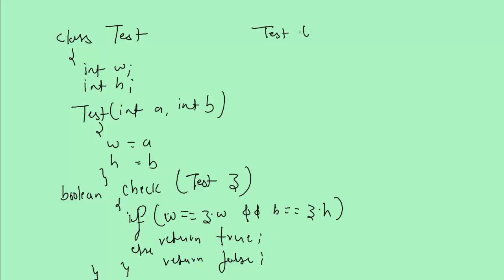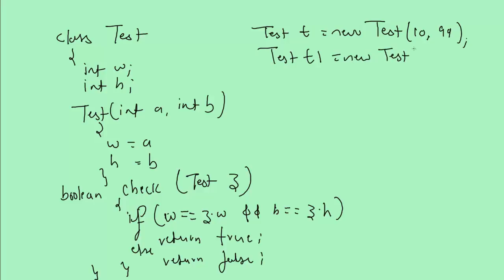Now when I try to create an object inside the main method, Test T is equal to new Test, I'll not be able to have a default constructor because there is already a constructor specified by me. So I need to pass the respective arguments, two integer arguments it is expecting. Test T1 is equal to new Test. There is one more object I have created with some different values.